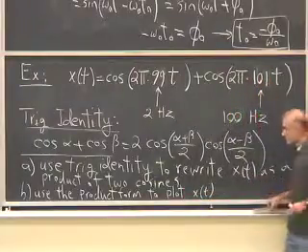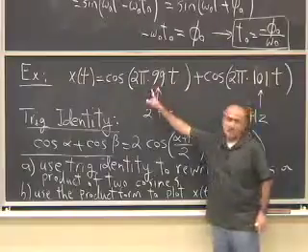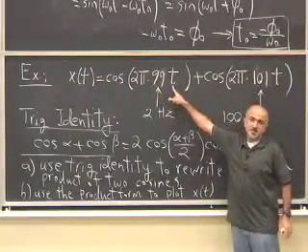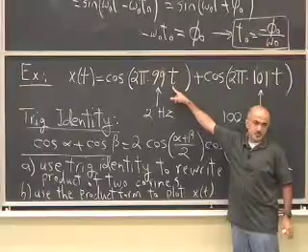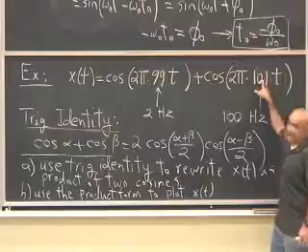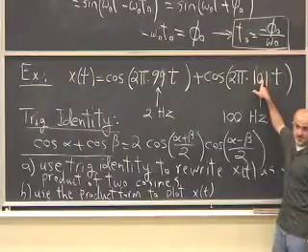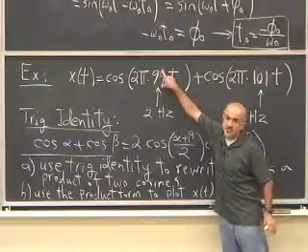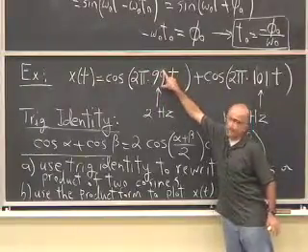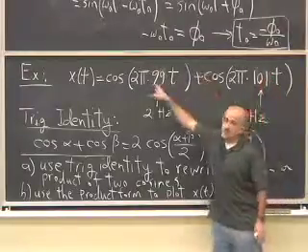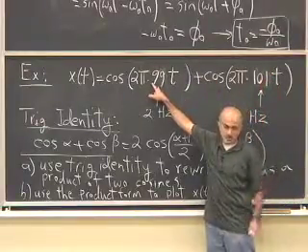So when you add, remember earlier I said when you have two sinusoids, they can start destructively interfering with each other. So these are two sinusoids that are fairly close in frequency. Okay, the difference between them is negligible compared to their size. So this is frequency around 100 hertz. This is around 100 hertz. But the difference between them is 2 hertz, which is much smaller than 100 hertz.